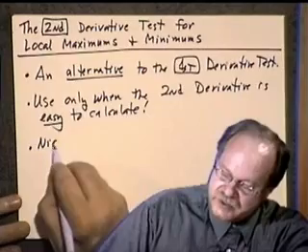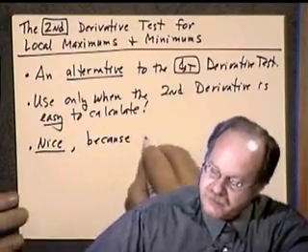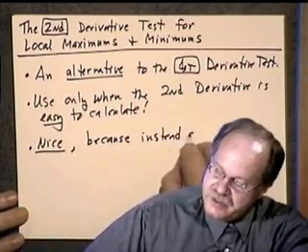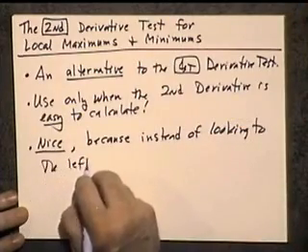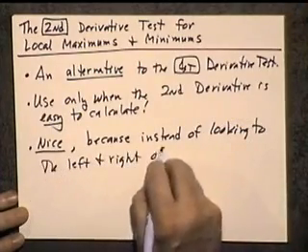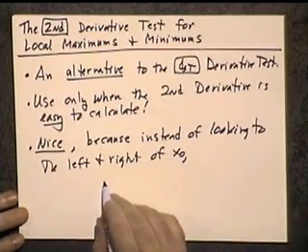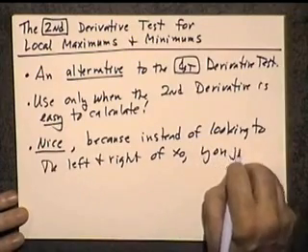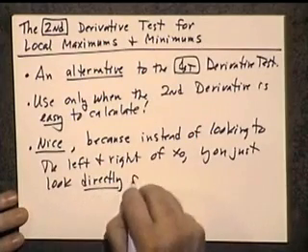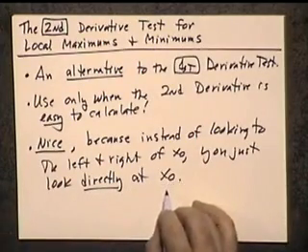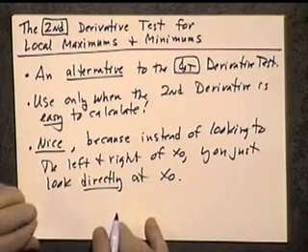And the reason that the second derivative test is nice is because instead of looking to the left and the right of x naught, which is what you have to do for the first derivative test, where you examine what's happening on the left and on the right, you just look directly at x naught. What is happening at x naught is all that is needed if you are using the second derivative test. Let me show you why that's true.